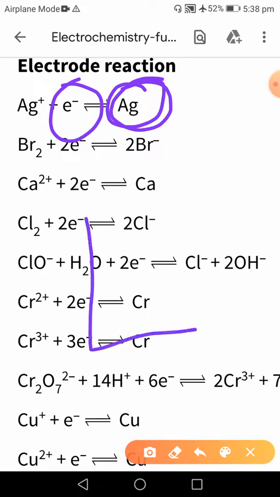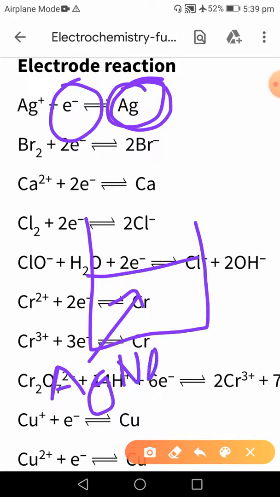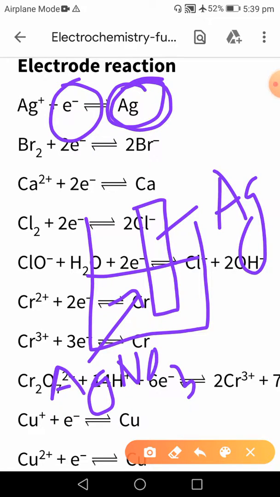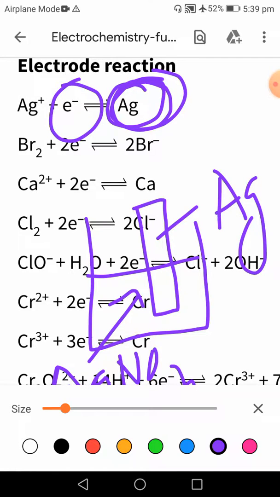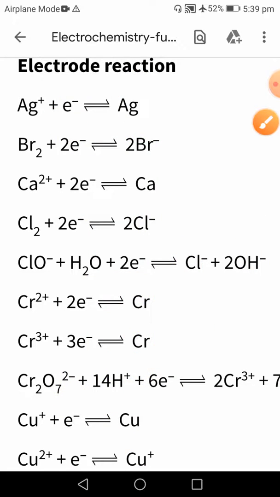So our half cell may look like this: it contains silver nitrate as a source of silver ion, and we are employing a silver rod which satisfies the need of solid silver as well as the need for electron. So that's the silver half cell.